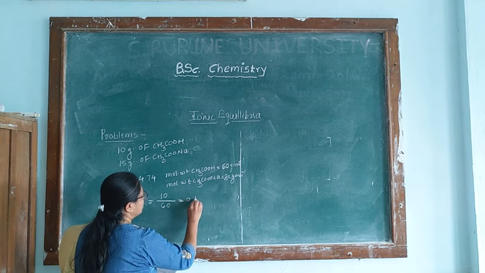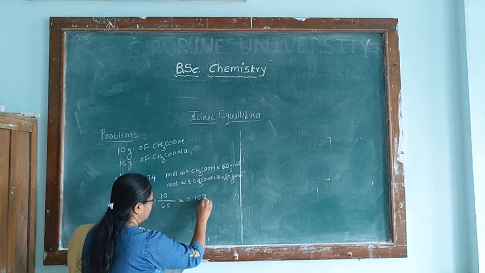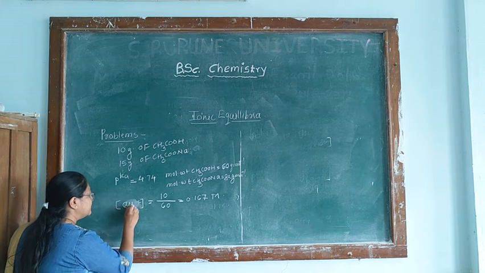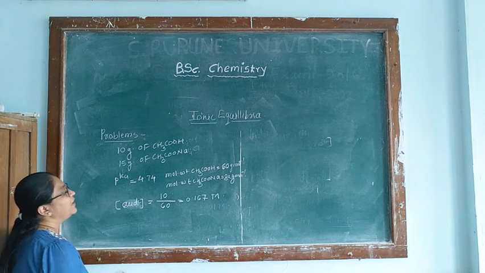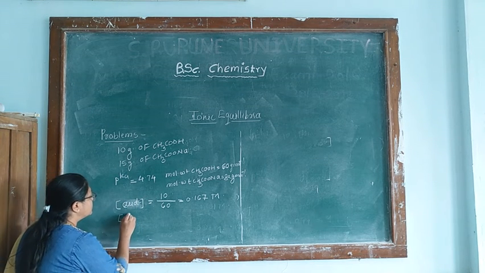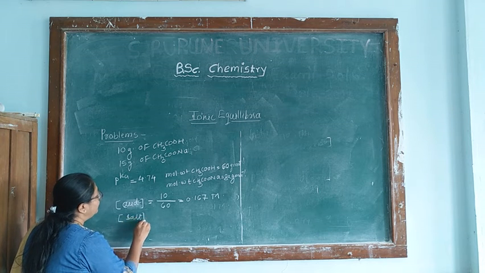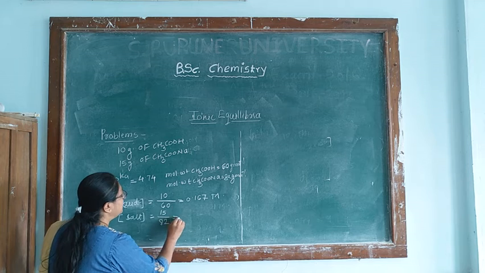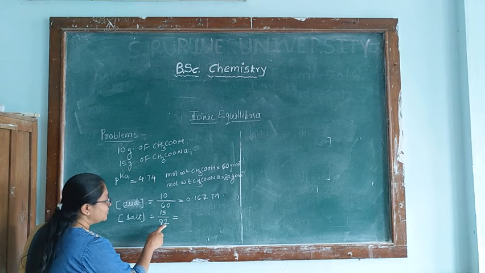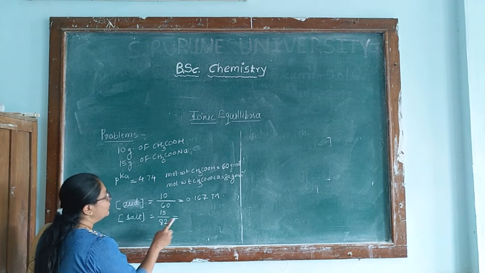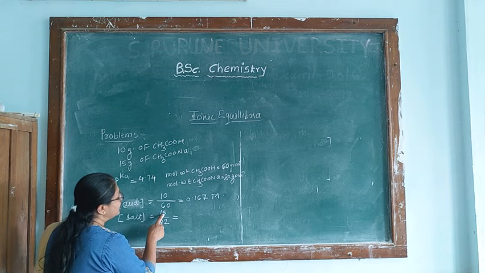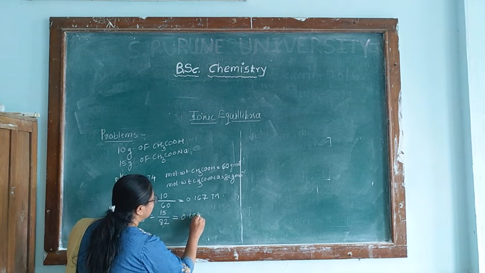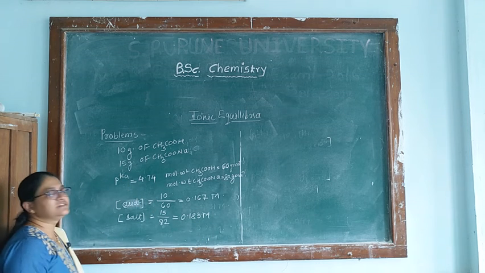Therefore, the concentration of the acid is 0.167 mole. Now concentration of the salt. How many grams of salt are taken? 15. Its molecular weight is 82. For a 1 molar solution we need 82 grams. If 15 grams are present, the molarity is 0.183 mole.